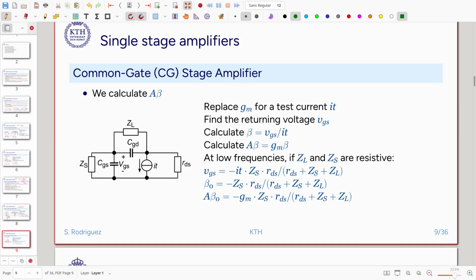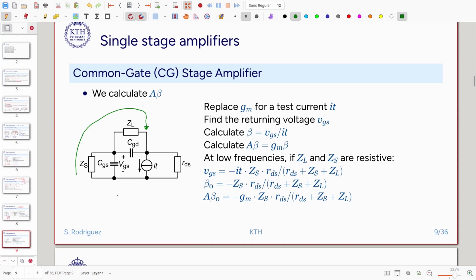And then we can calculate beta here. We have this current going down. We can calculate all the current that comes in this direction here, and that will be a current divider.